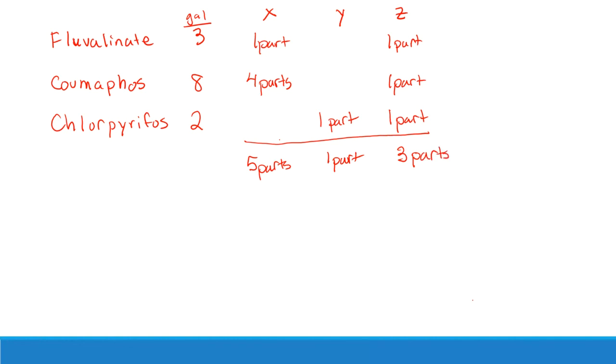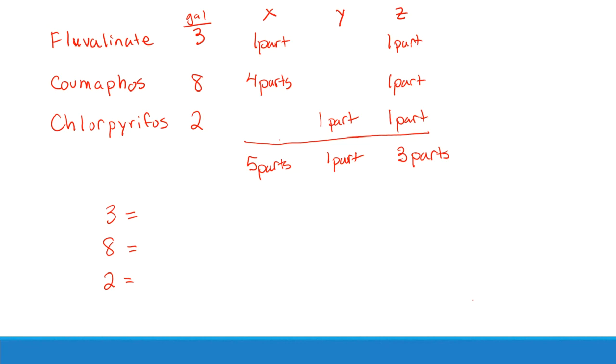So when we convert these into fractions, I'm going to have to divide each of these by the number of parts in order to get a fraction, because it's 1 part out of 5. So I'm going to go back to my system, and I know each of these are going to be equal to the total number of gallons. I can have those on the left, I can put them on the right, it really doesn't matter.